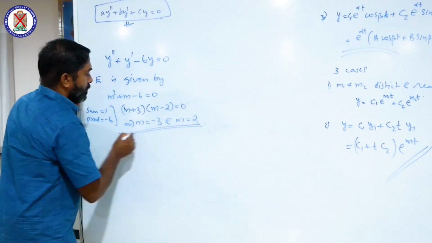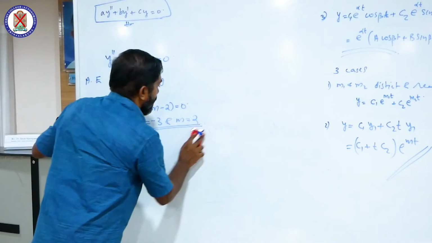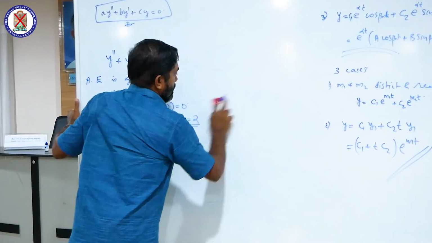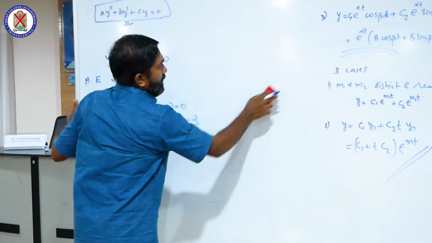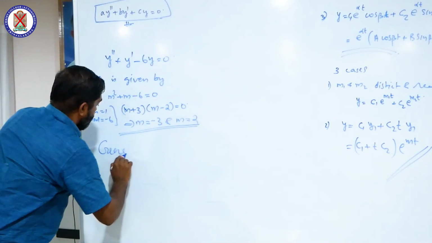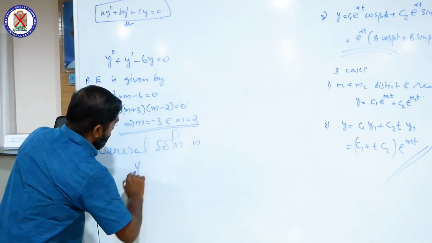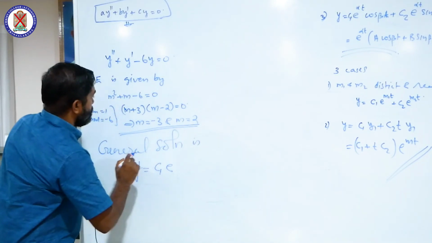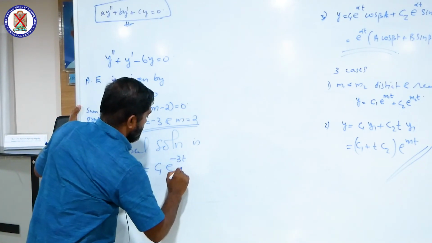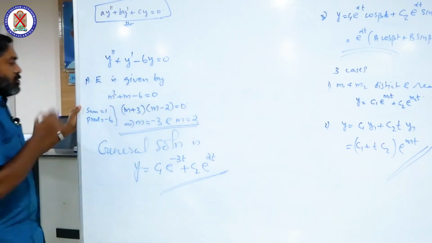These two are the roots of the auxiliary equation. Here, roots are real and distinct. So, from the first case, we can conclude that the general solution is y equals c1 e raised to minus 3t plus c2 e raised to 2t.